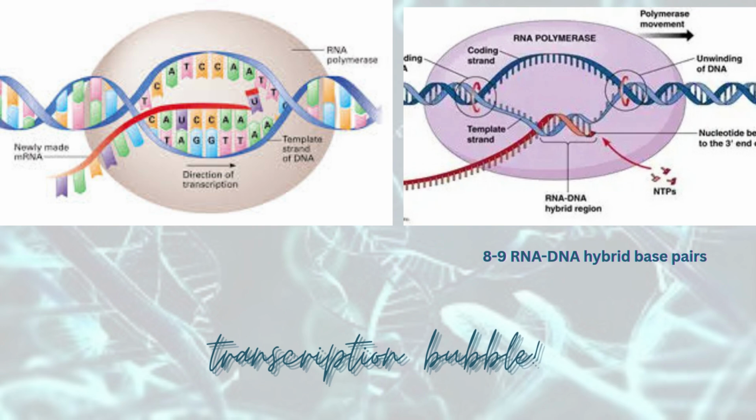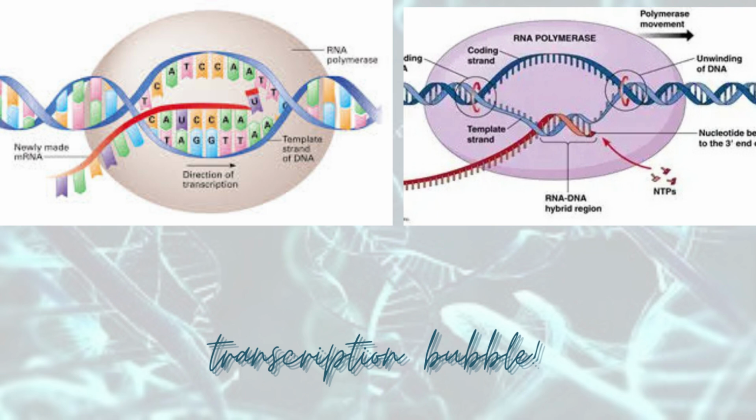It has about 8 to 9 base pairs. The transcription bubble. This is a temporal region where transcription occurs. It moves in the same direction, 5' to 3' as earlier stated. This is a site where transcription occurs, and how does it do its work? So the unzipping of the DNA happens there in this same transcription bubble.